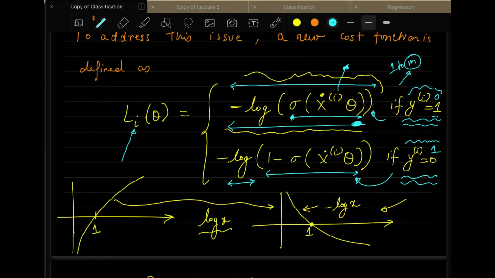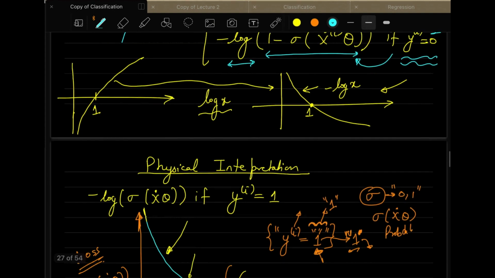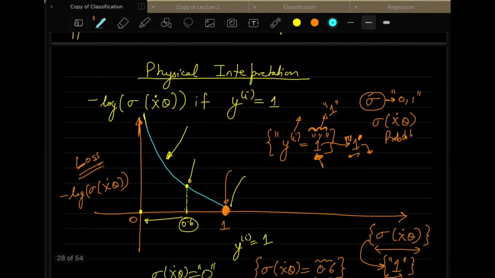In this sense, this will create a problem, because as you can see, the log function given over here, if you take it for 0, what will be the interpretation? Your yi is 0, the correct one is 0, but you are predicting the value as 1, and it is giving you no loss.